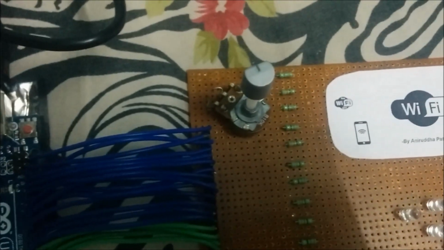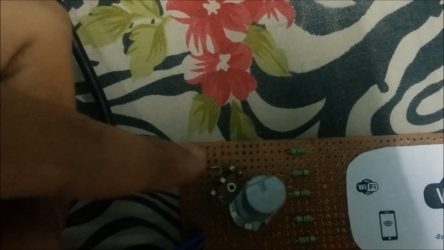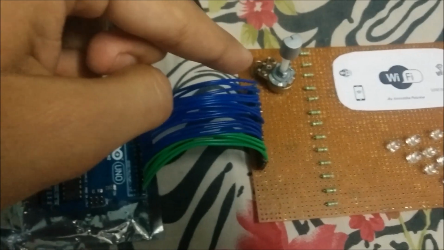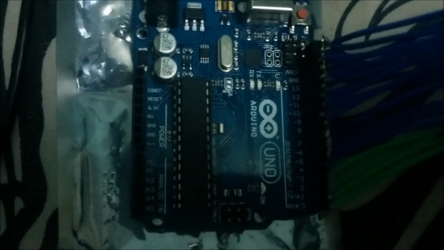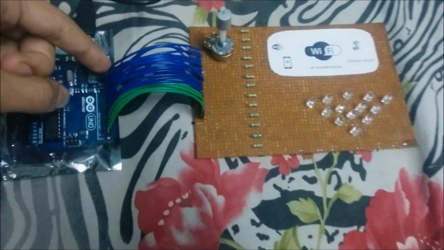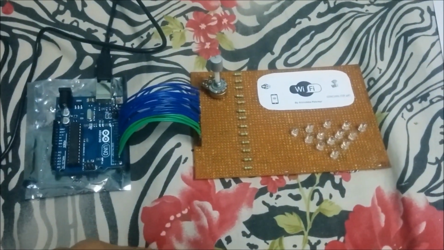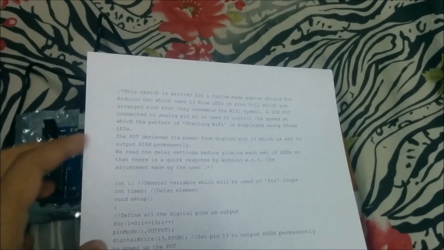Now, this pot would be deriving its power from the digital pin numbered 13, and the middle leg of this pot would be connected to one of the analog pins. I have connected this to the analog pin number A5, which is actually internally shorted to the SCL pin, which is located at the top here. So yeah, that's all about the hardware. It's pretty simple. So now let's go to the code.